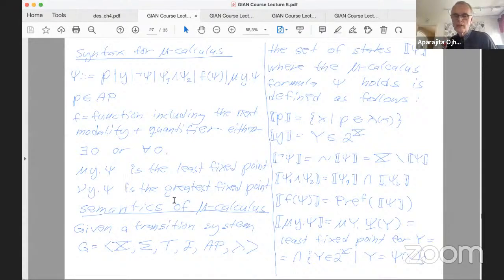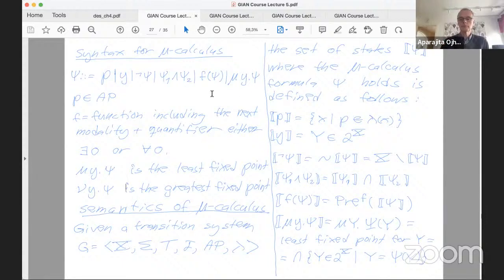And how to get the least or the greatest? Well, a fixed point is always an iteration, and you are actually searching for the states where this Mu calculus expression is satisfied, actually where this variable y is true.